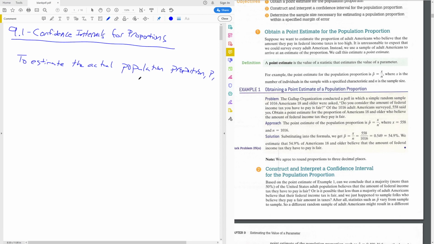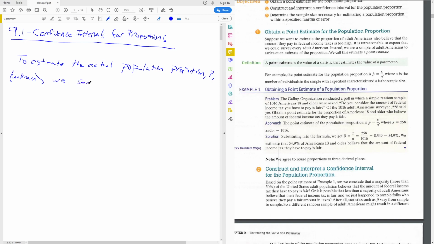That's the actual percentage of, in this case, Americans who believe the amount they pay in federal income taxes is too high. Right now it's unknown, so I'll just put that down. It's unknown.